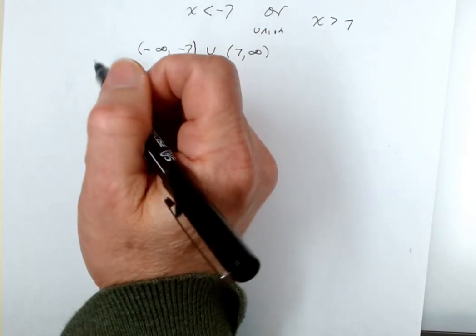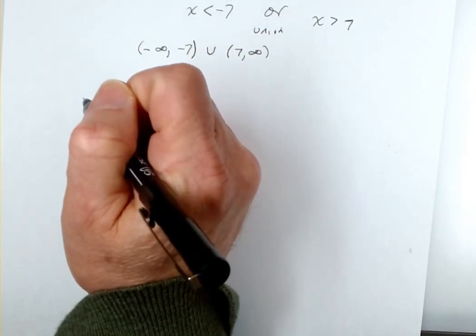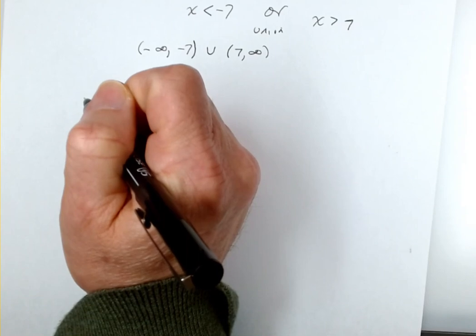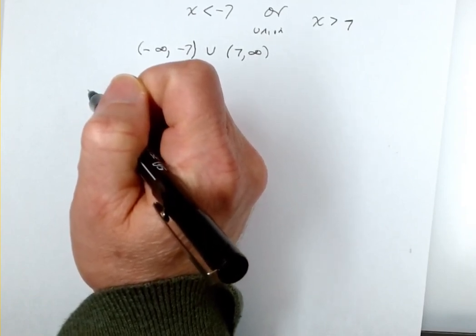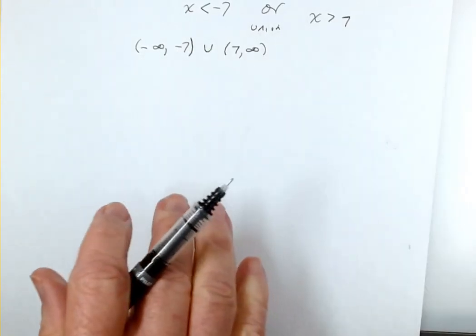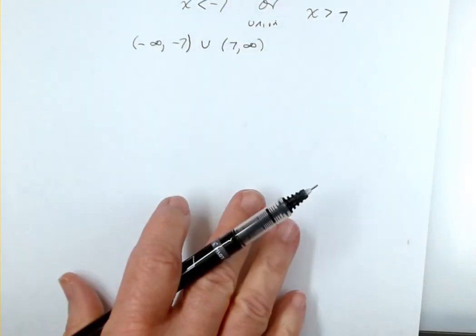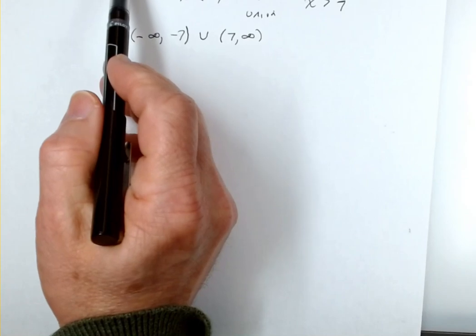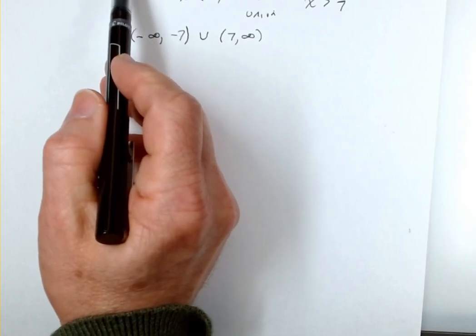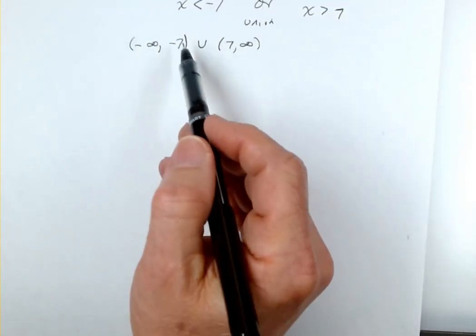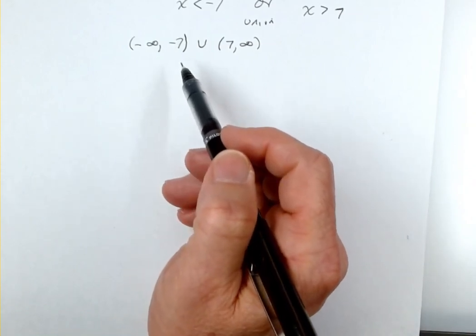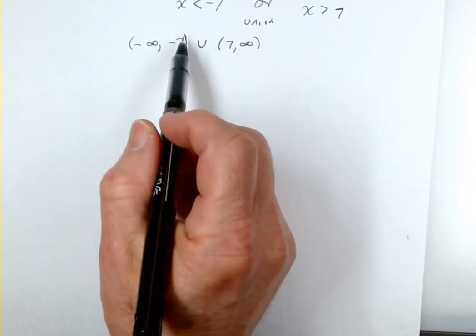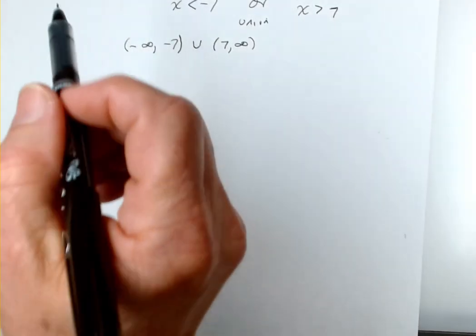Absolute value equation doesn't have an inequality symbol in it. I'm not sure if you're saying if there was an equal sign in here. The only thing that would change with that is instead of parentheses, it would be brackets. Okay, thank you. Yeah.